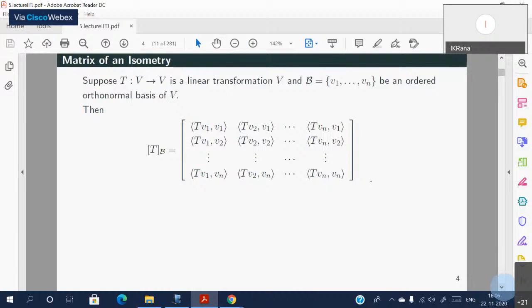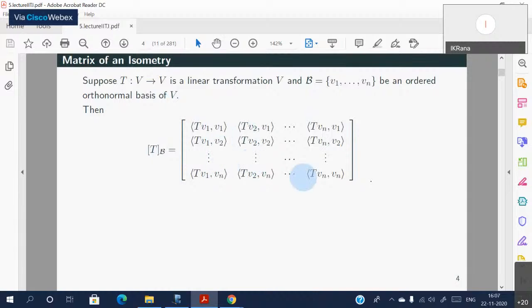Now let us observe one thing: if T is a linear transformation and we have an ordered orthonormal basis V1, V2, ..., Vn, then consider the matrix representation of T with respect to B, where T is from V to V. So we are taking the same orthonormal basis on both the domain and the range. Then its matrix representation is immediate. The first column is TV1 dotted with V1, TV1 dotted with V2, up to TV1 dotted with Vn, and so on.